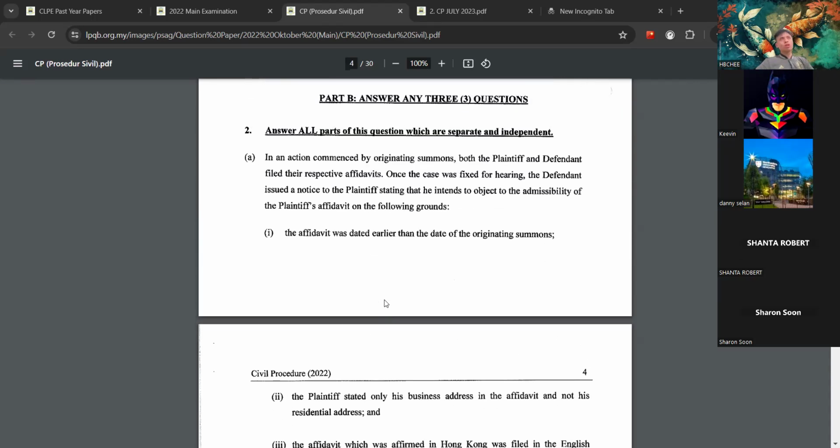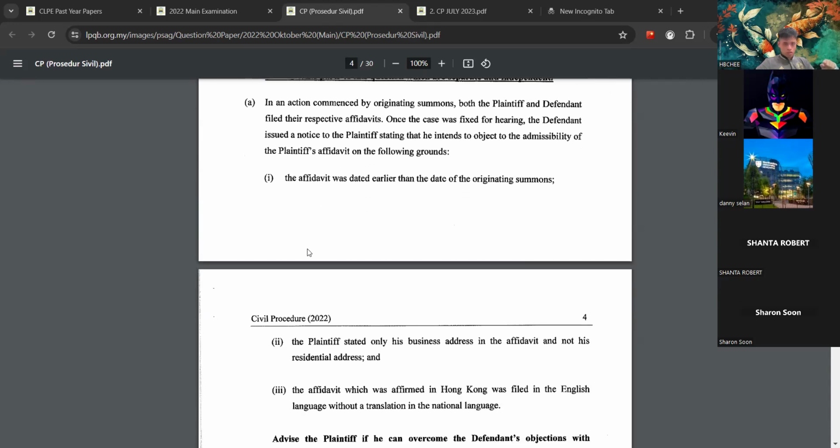This is how typical affidavit questions look. They only challenge the contents, but this one is a bit tougher because it involves the filing date. Most of the time, affidavit questions concern the contents, like whether the signing was done by a commissioner for oaths or by the solicitor in the office.